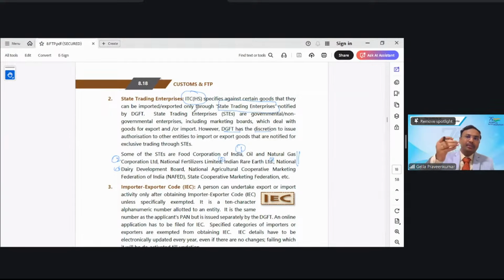Or if you want to import, write a letter to the state trade enterprise. They will import and supply the goods to you directly. This is where the control is exercised by the DGFT on the basis of the need of the industry, right, ma'am?